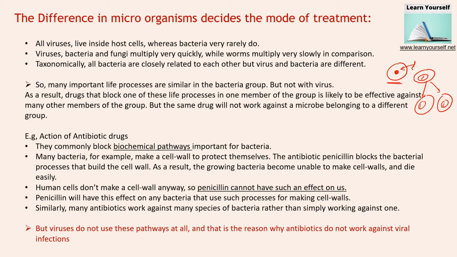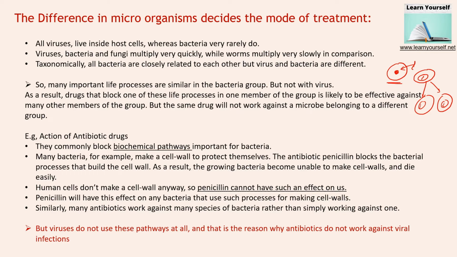So the process they are using, or the material they are using, everything belongs to us, or we can say that they are using our body system to multiply themselves because they are using our cell as a host cell.